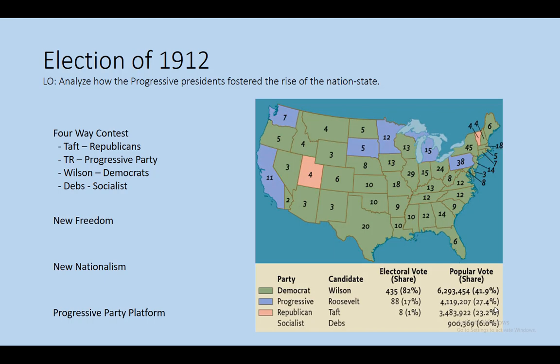Now, both of them did believe that the government was necessary, but they differed over how the government should be intervening and how much the government should be intervening. So Wilson's plan was called New Freedom. Teddy Roosevelt's was called New Nationalism. So Wilson's New Freedom insisted that democracy must be reinvigorated by restoring market competition and by freeing government from the domination of big business.